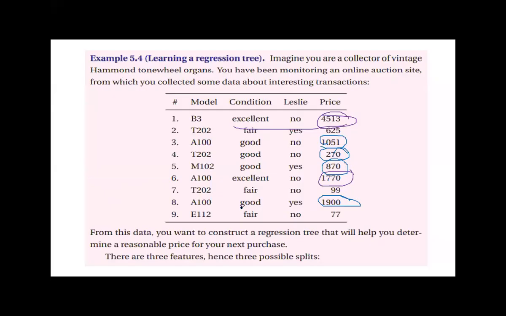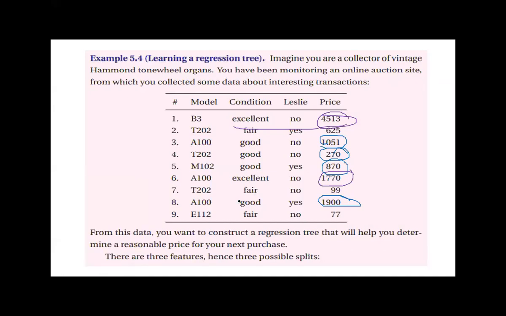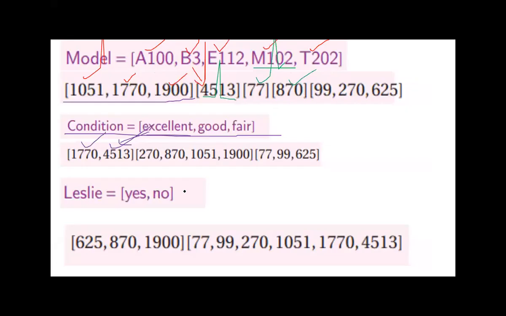And similarly, what about fair? This is one fair, 625, then 99, and then 77. So it can be written as 77, 99, and 625.